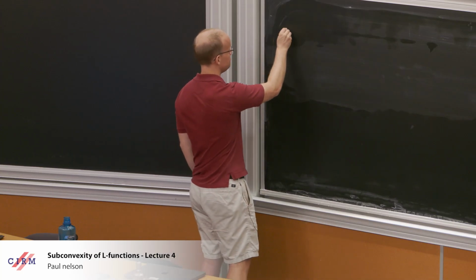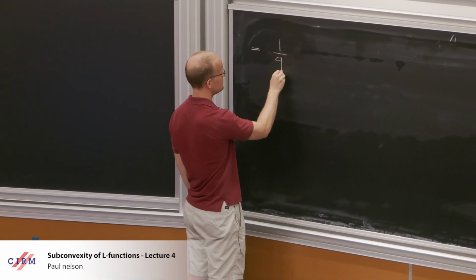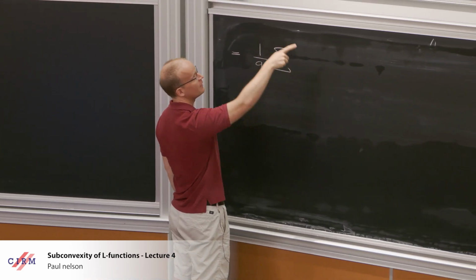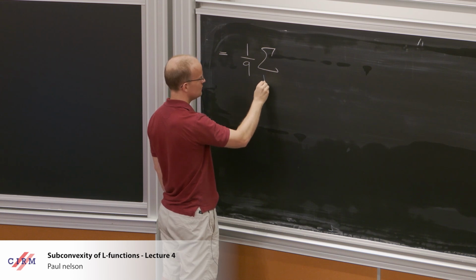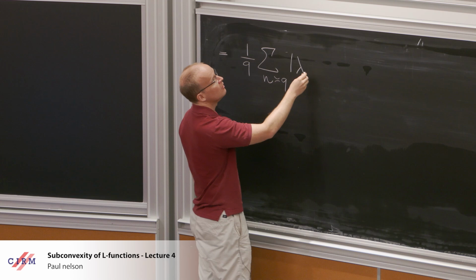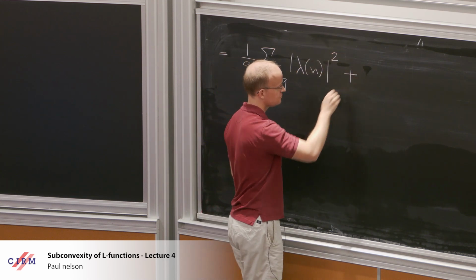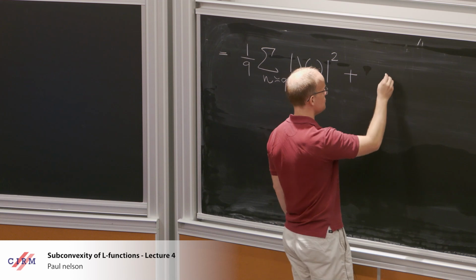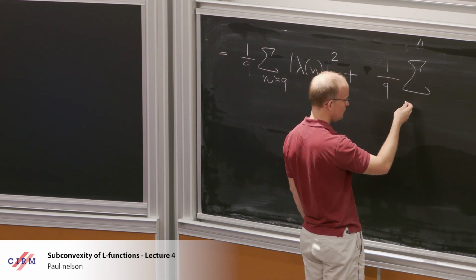So that expression, we should have seen this in Philippe's lecture, we can break up as a sum coming from the contribution where m is actually equal to n. So let's just say we have a sum over n of size q of lambda squared, plus some contribution from when m is not equal to n.